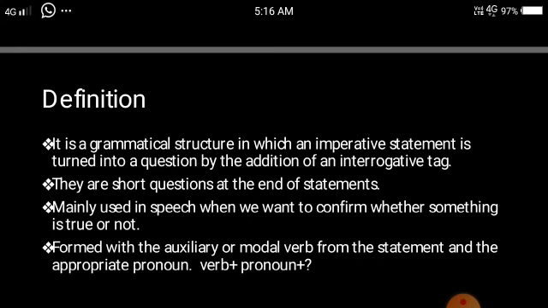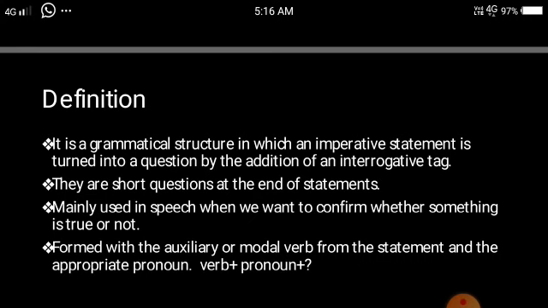So, when do you use a question tag? Question tags are generally used in conversations when you want to confirm whether something is true or not. Question tags are used in conversation, in speech, when you want to be very sure whether what you are stating is true or not.